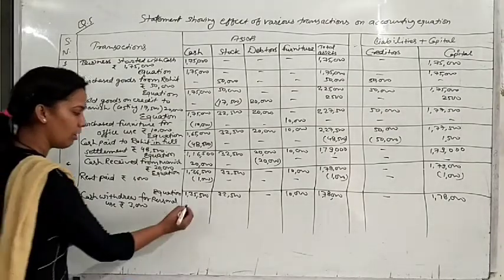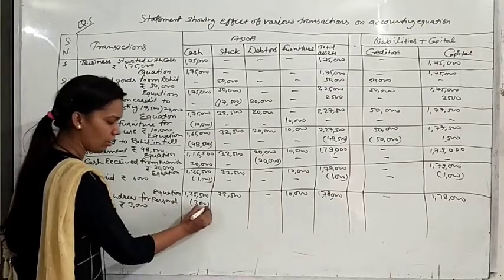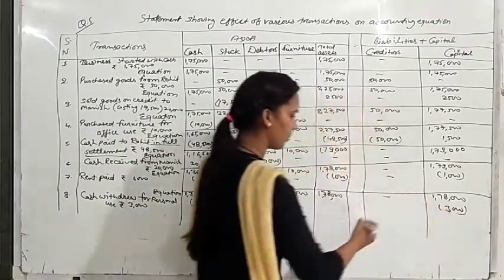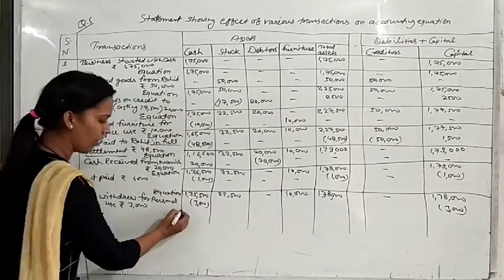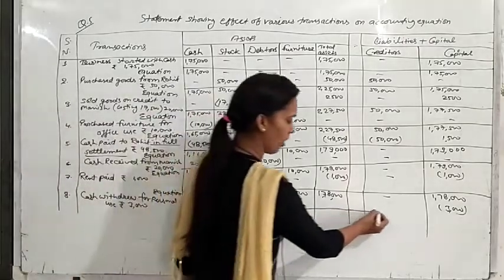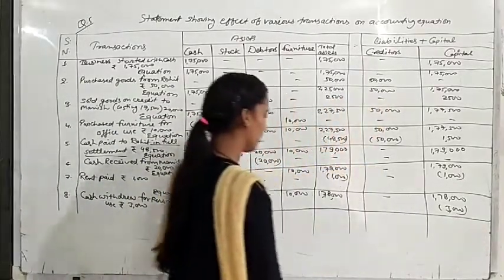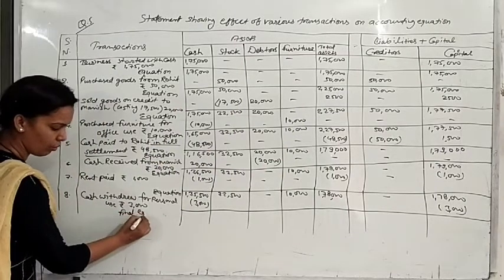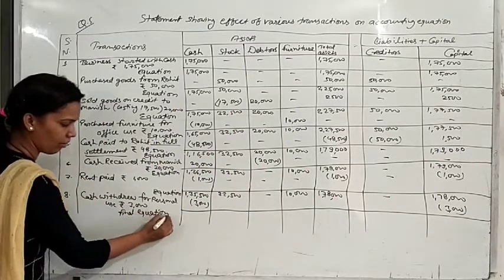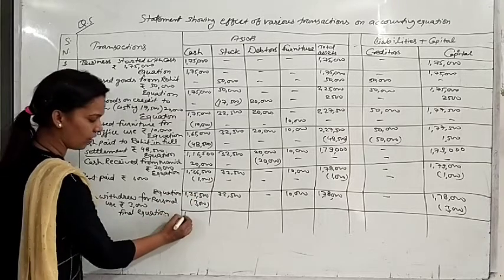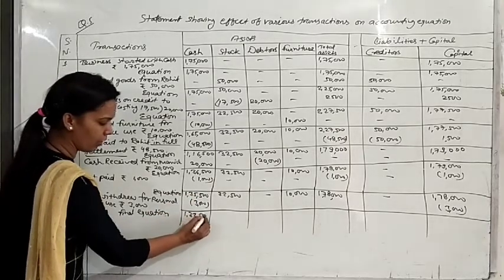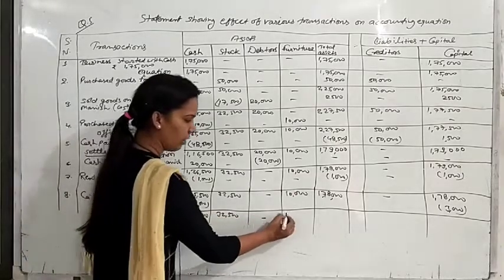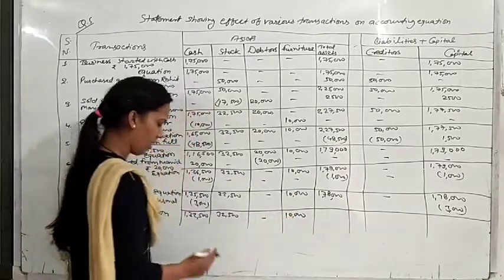So drawings will reduce your cash and capital. Now it will be your final equation because you have completed all the transactions. Final equation: 1,35,500 minus 3,000, 1,32,500, 32,500, 10,000. Match it again.